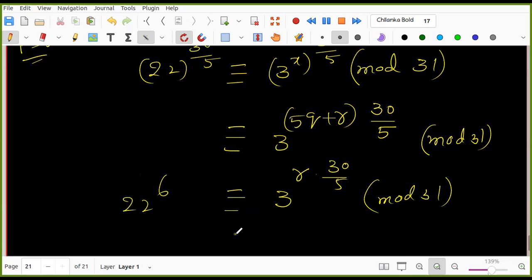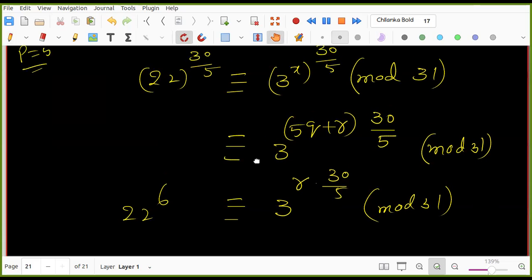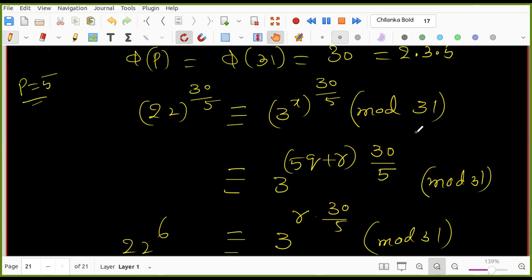Hello, sir. Can you just write in the notes that you're using Euler's criterion so we can relate? Yeah. So this is equal to 3 power 30 power q into 3 power r into 6, since 30 by 5 is 6 now.